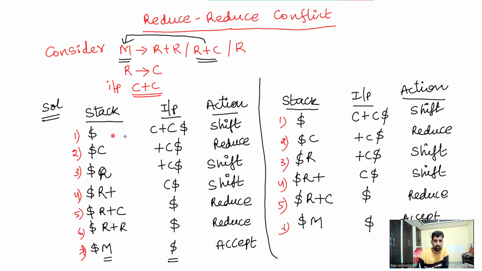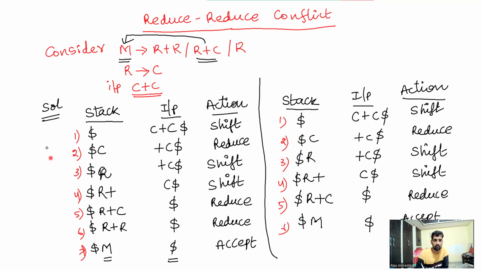First line C plus C dollar, shift. Second line dollar C plus C dollar, reduce. Dollar R plus C dollar, shift. Dollar R plus C, shift. And similarly, the fourth one is also the same.